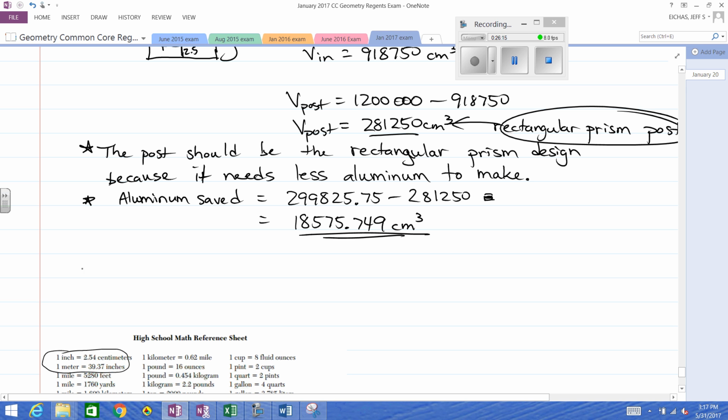Now the density of it: 2.7 grams per cubic centimeter, and there must be a cost. How much does it cost? Oh, 0.38 per kilogram. Great. So cost is 38 cents for a kilogram.